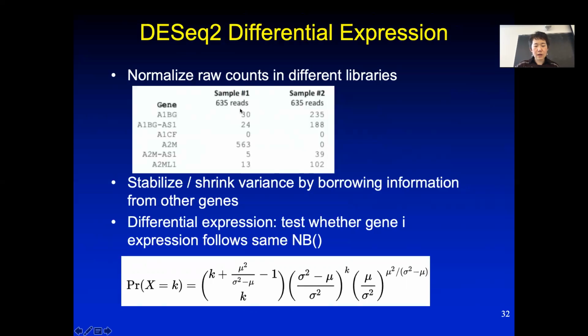And I use this example also from Joshua Starmer, where it's looking at, in one sample, the expression of, let's just say, very beginning, only 6 genes. In another sample, it's also the expression of these 6 genes. You can see this one gene is super highly expressed in one of the samples, so even though the total reads of the 2 libraries are the same, you only give this sample 600 reads and they have to spread over all the genes.